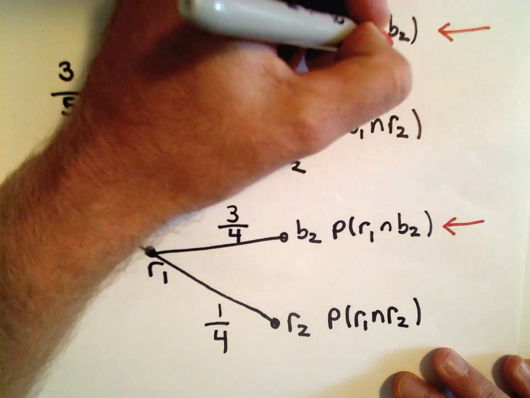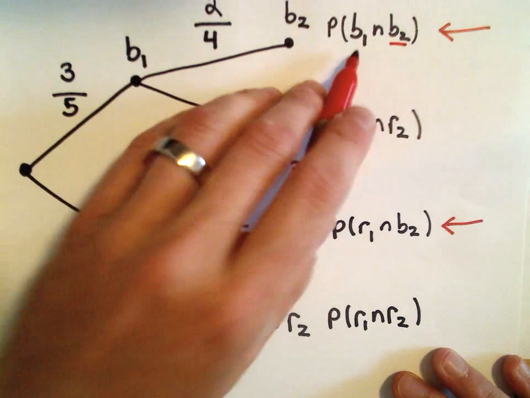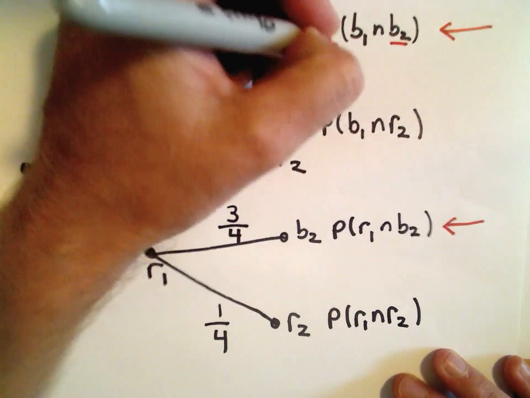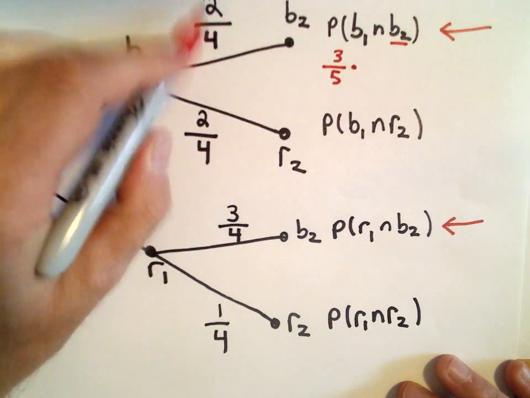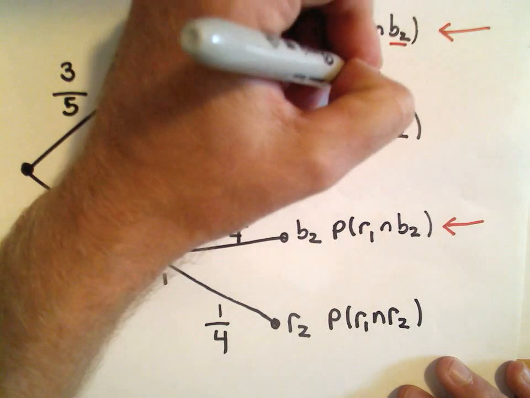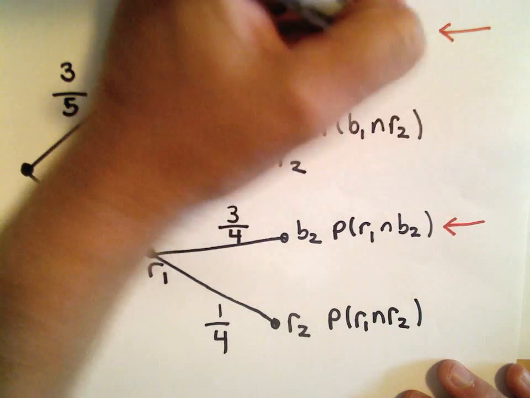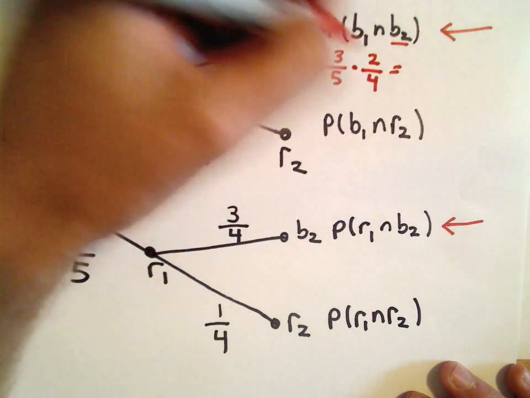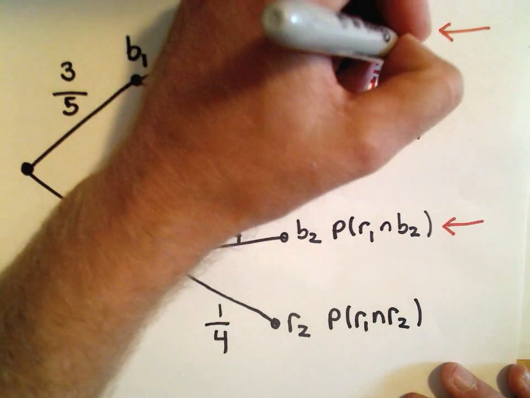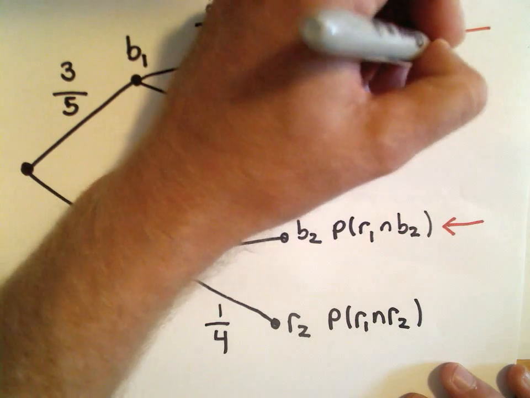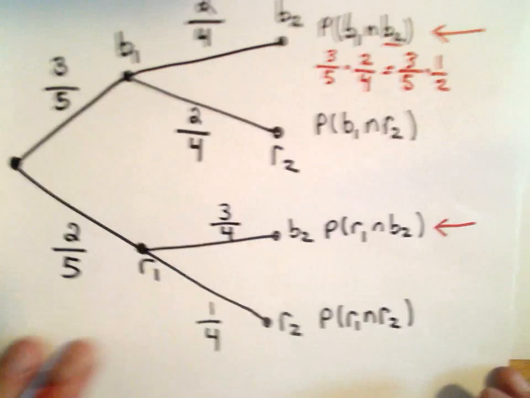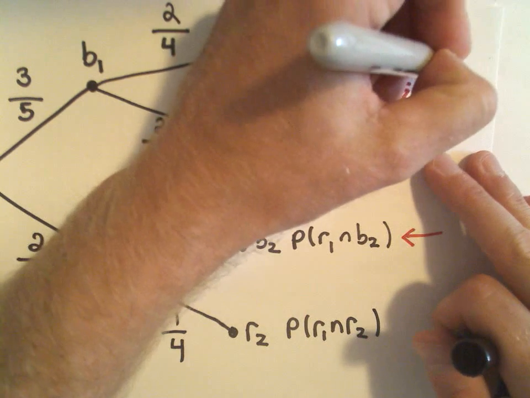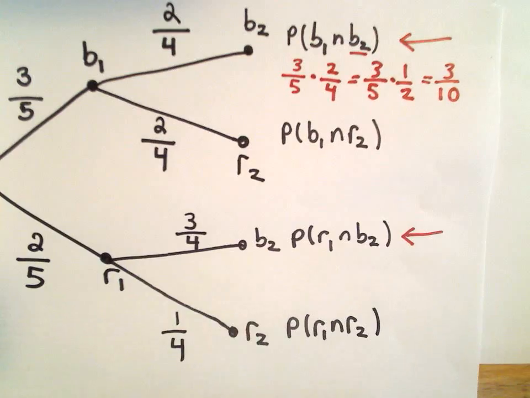So to get a black ball on the second draw, assuming we got a black one on the first, that's going to happen with a probability of 3/5 multiplied by 2/4. If we simplify that, we can reduce 2/4 to 1/2, so that's 3/5 multiplied by 1/2, which gives us a probability of 3 out of 10.